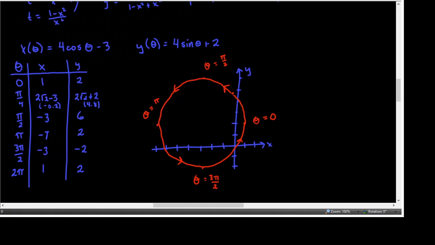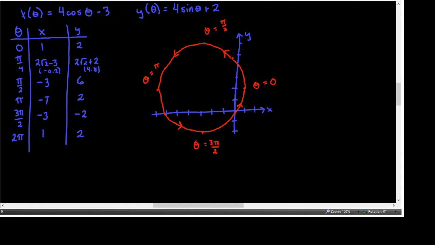The next part of this problem is they ask us to eliminate the parameter. So let's do that. I'm going to start with x equals 4 cosine of theta minus 3, and y equals 4 sine of theta plus 2.